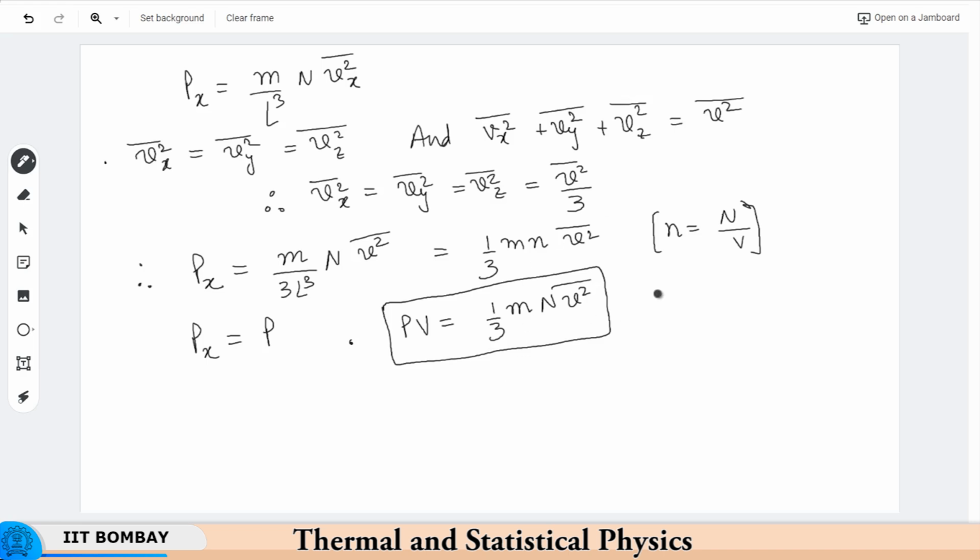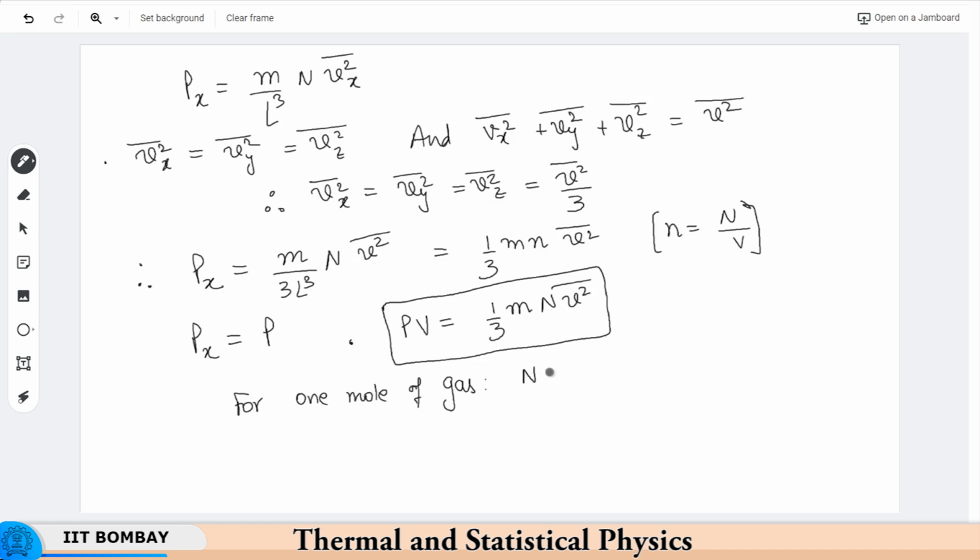So maybe I can write this equation in a few more ways. Say we have 1 mole of gas. For 1 mole of gas, what is the number of gas molecules? That will be equal to Avogadro's number.